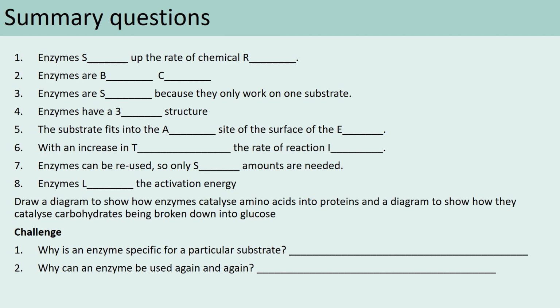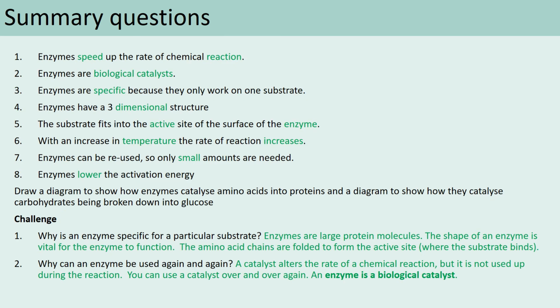Okay, so hopefully we've had a go at those. So question number 1, enzymes will speed up the rate of a chemical reaction. Number 2, enzymes are biological catalysts. Number 3, enzymes are specific because they only work on one substrate. Number 4, enzymes have a 3-dimensional structure.